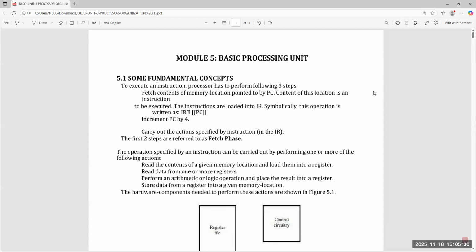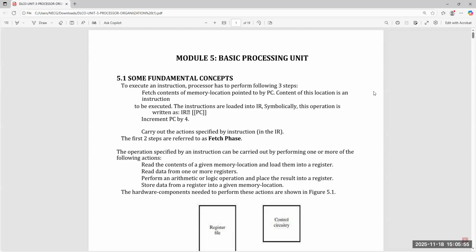It holds the current instruction being executed. Once the instruction is loaded into the IR, it is ready to execute. Symbolically, this operation is written as IR takes PC.